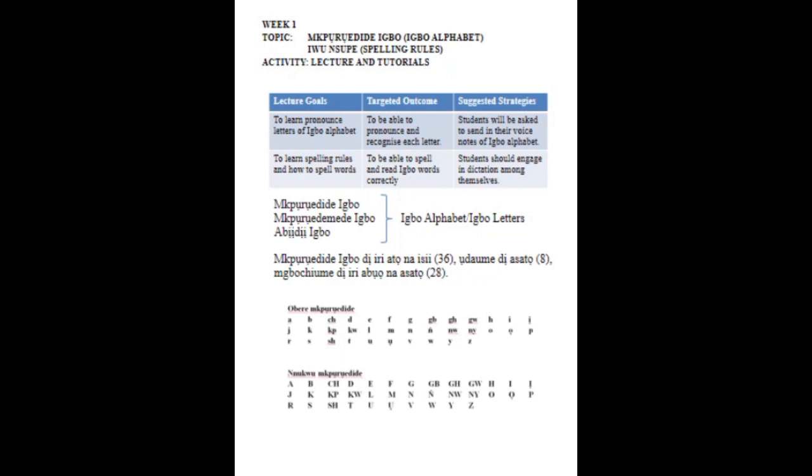Good. ABD Igbo. Good job. Whenever I say mkpụrụ edide Igbo or mkpụrụ edemede Igbo or ABD Igbo, I want you to know that I am referring to the same thing, the Igbo alphabet or the Igbo letters.